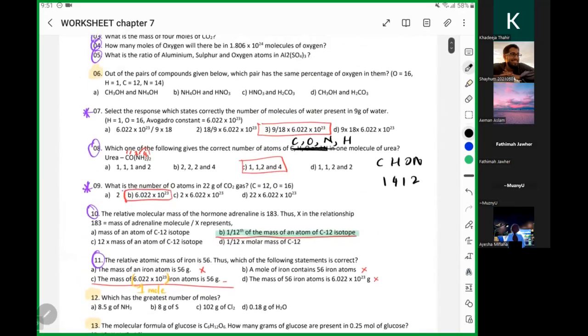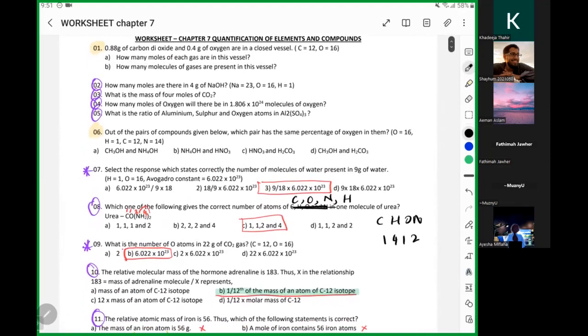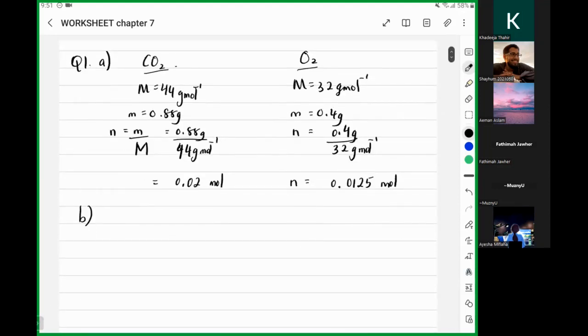B part is how many molecules of gases are present in this vessel? Molecules of gases. So again, you have to follow this concept. 1 mole of any gas has how much? 6.02 times 10 to the power 23 molecules.